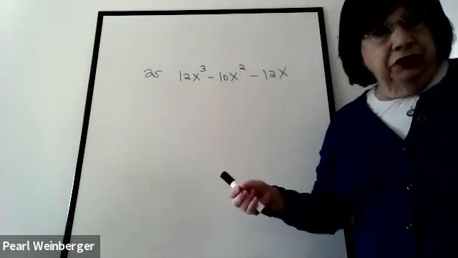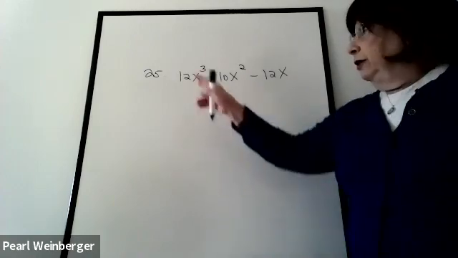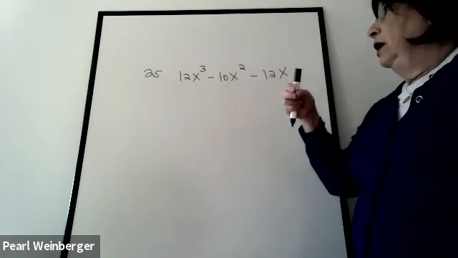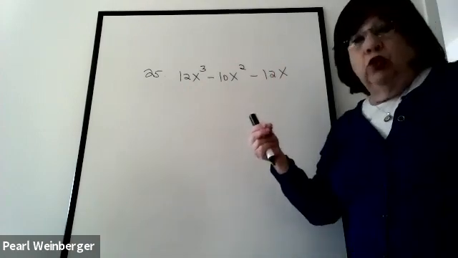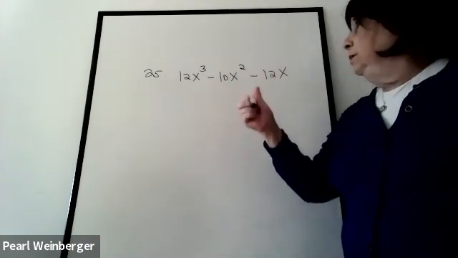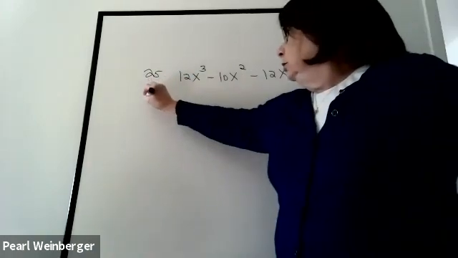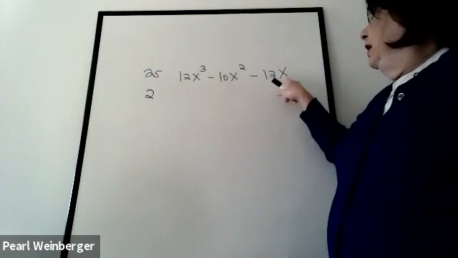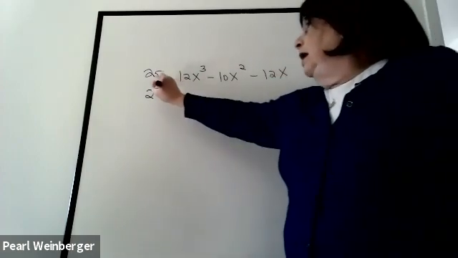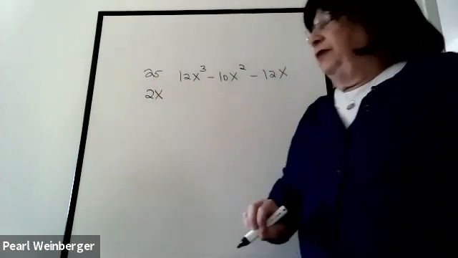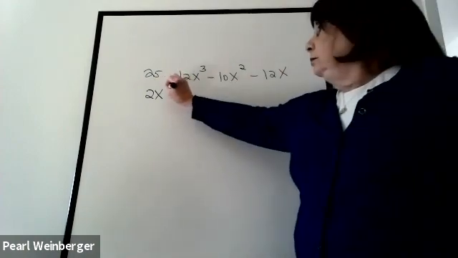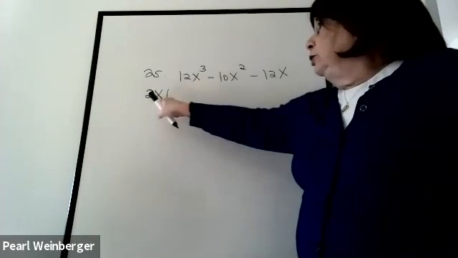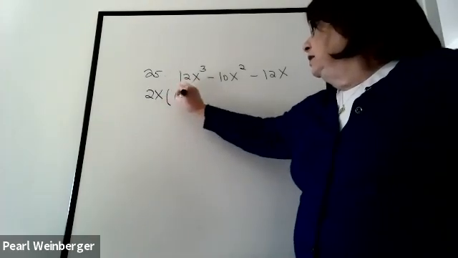And again, the first thing we look for is a common factor. Now we have a 12, a 10, and a 12. So the one number that goes into all of those is going to be 2. Then I have an x third, x squared, and x. They all have x terms, so 2x is my common factor. Now I divide out the 2x into each term. 2 into 12 is 6.